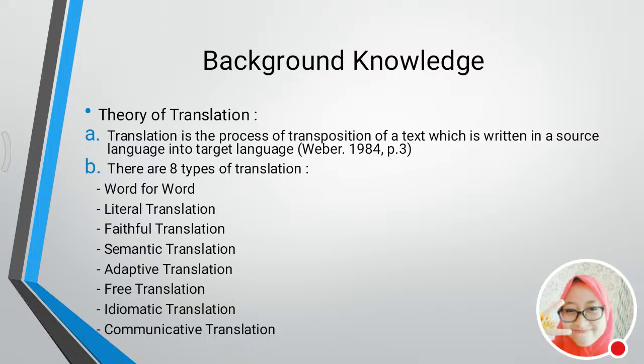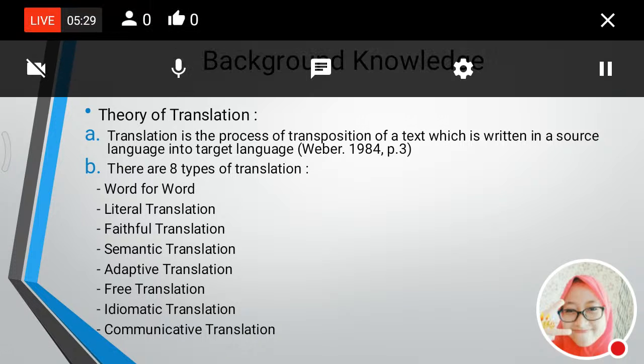Adaptive translation is used to adapt source language culture. So they convert the culture of the source language into the target language culture by rewriting the text.